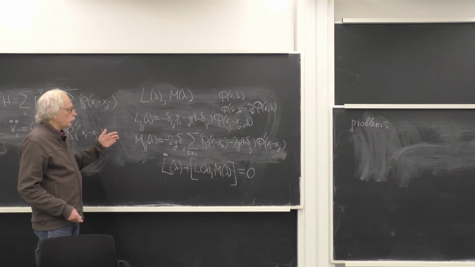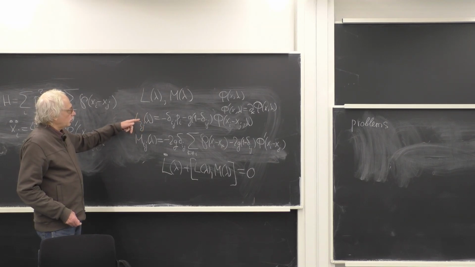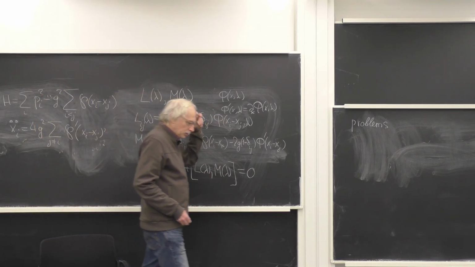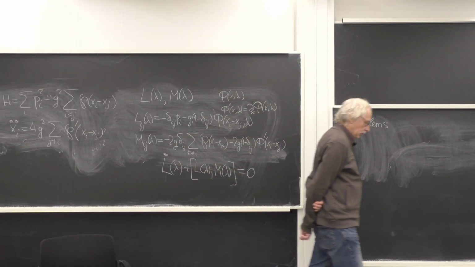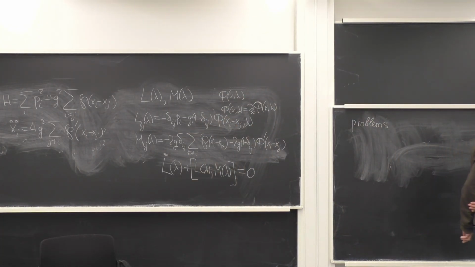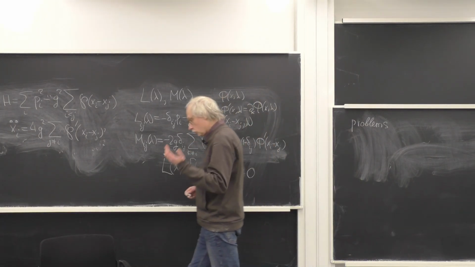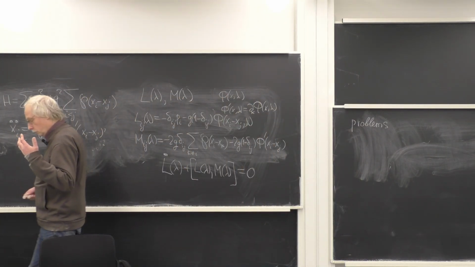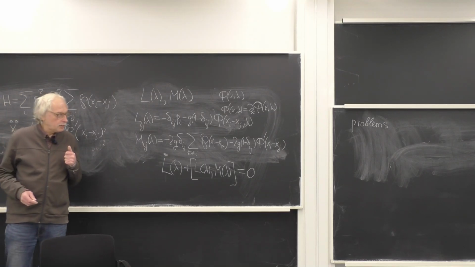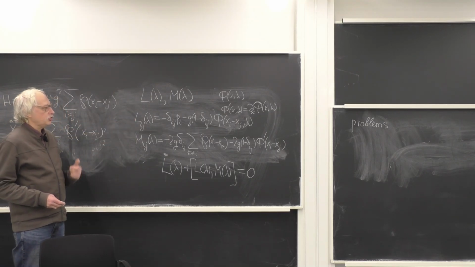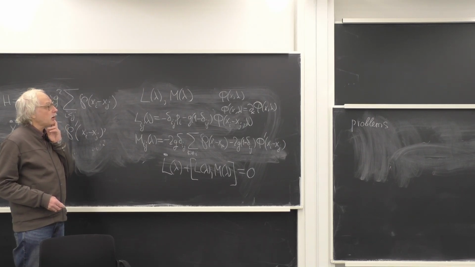And the second problem is to find trigonometric and rational degenerations of this Lax pair. You will obtain trigonometric and rational Lax pairs, but depending on the additional parameter lambda.